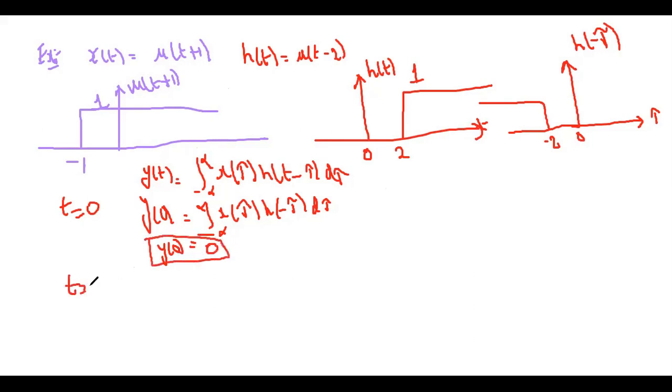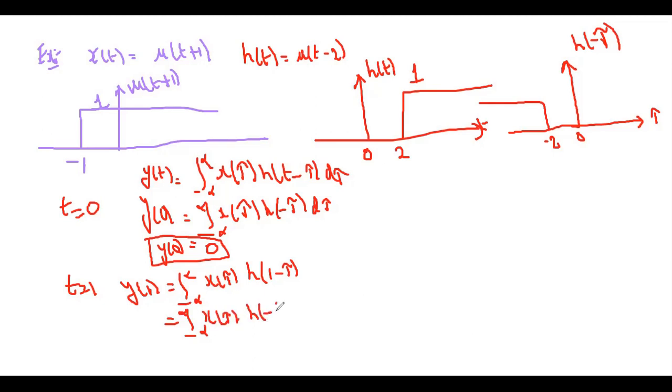Now at t is equal to 1. y of 1 is the integral from minus infinity to infinity of x of tau h of 1 minus tau. Taking the minus as common, this is h of minus of tau minus 1. So it moves one sample towards the right side of h of minus tau. Now it was at minus 2 and now it is at minus 1.